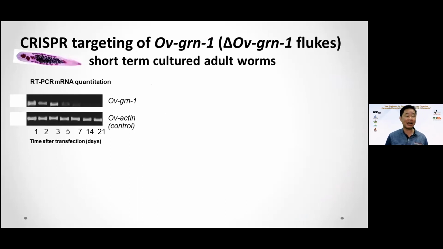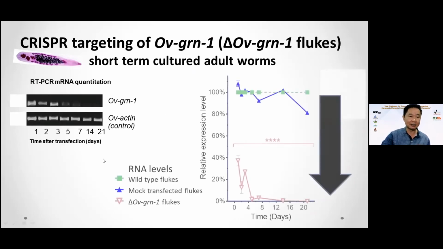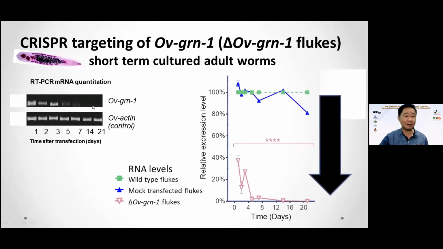So what happened after that? We started with adult worms in vitro first, to check if CRISPR-Cas9 can knock out granulin 1. We cultured the worm, electroporated it with the plasmid, and then checked the mRNA. The results show that the mRNA of the worm electroporated with the OV granulin plasmid is lower.